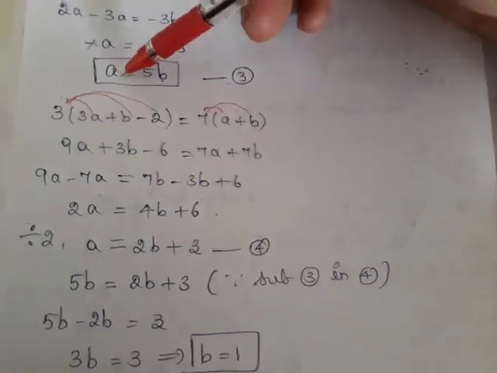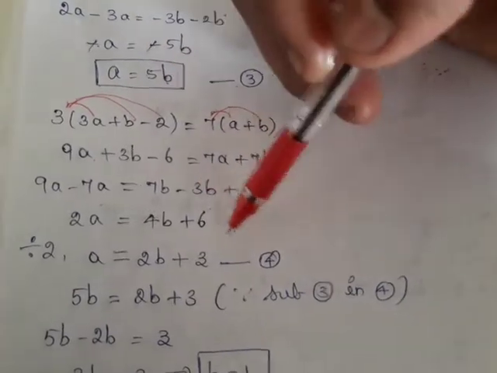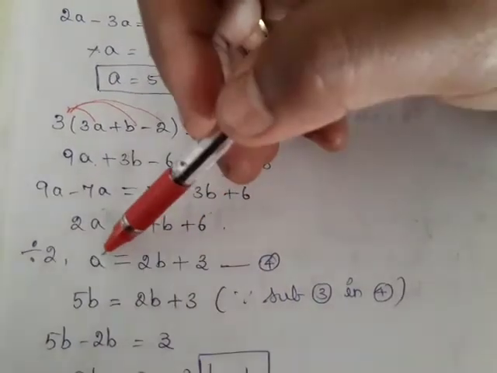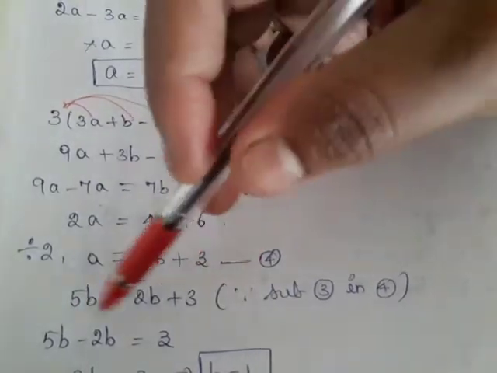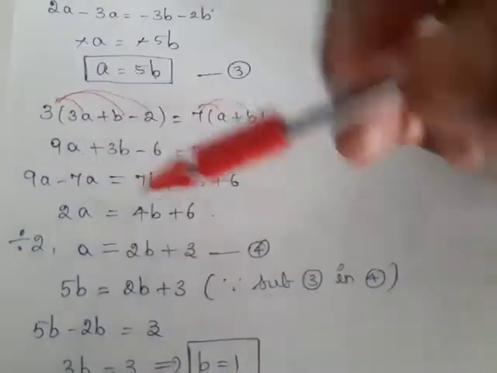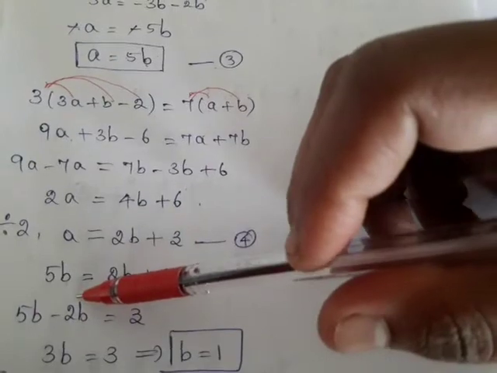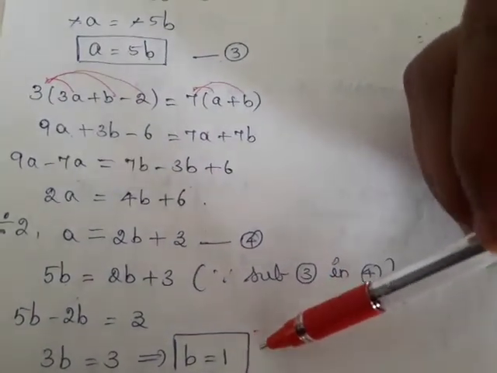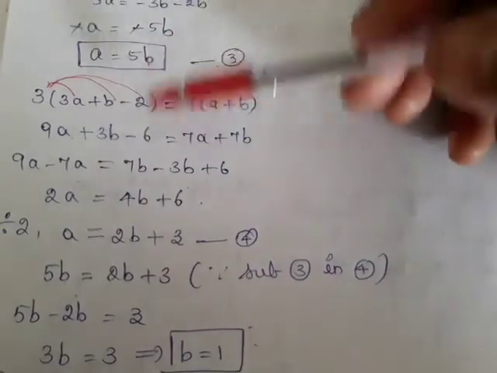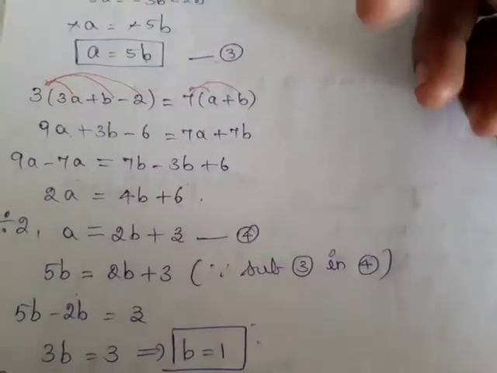Here we got the value of a as 5b. So in this equation, in the place of a, substitute 5b. Now we got an equation entirely in the variable b. Now solve for b. Bring 2b to the other side. So we got the value of b as 1. After getting the value of b, substitute in any of these two equations to get the value of a.